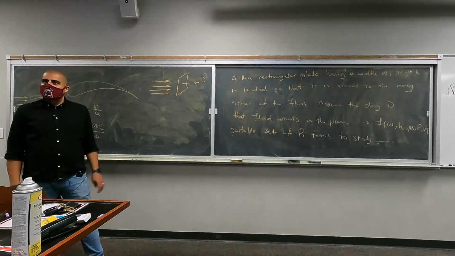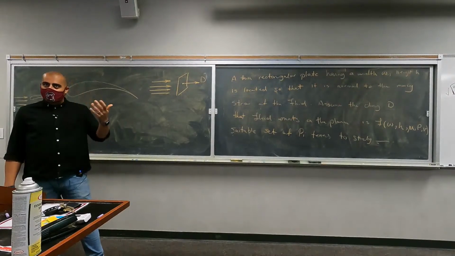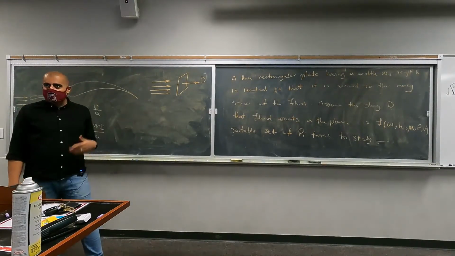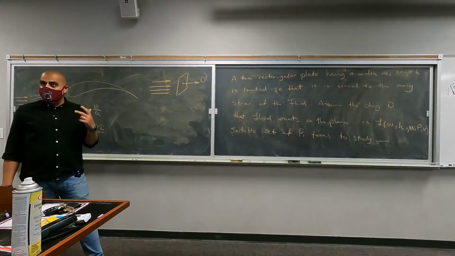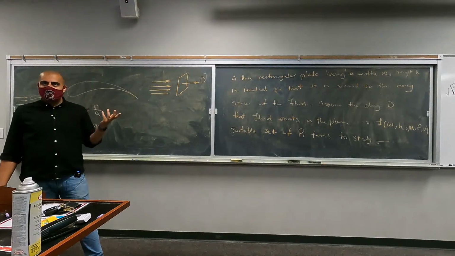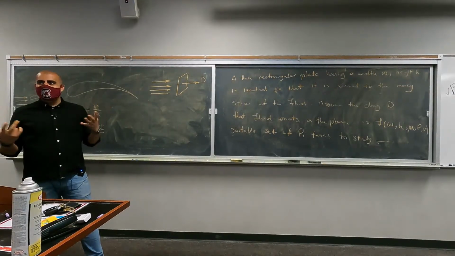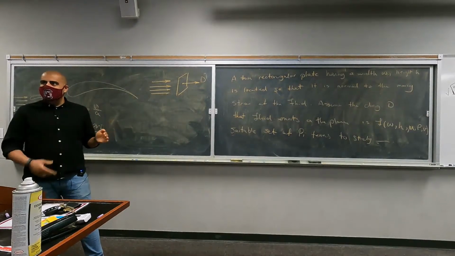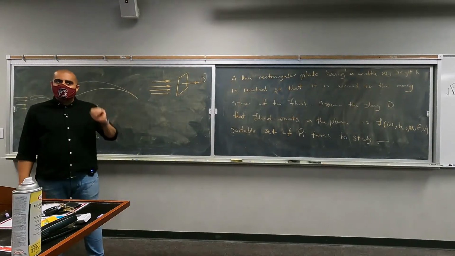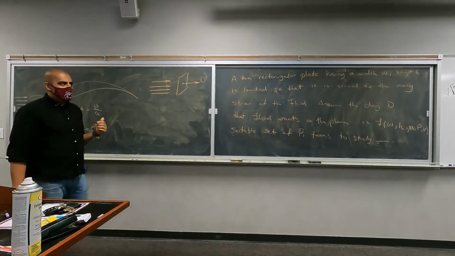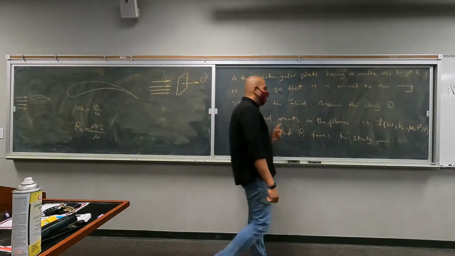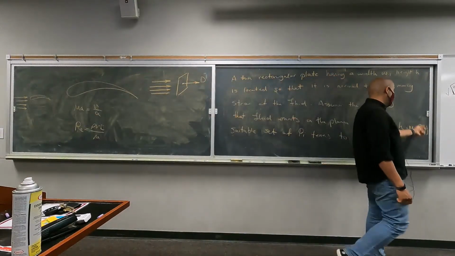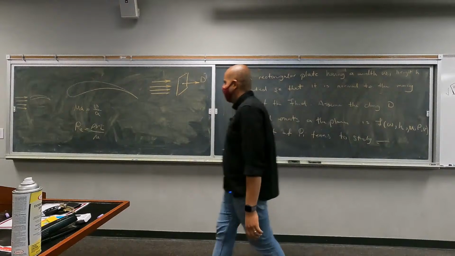If your force is normal to the plate, which is something that may happen, that force is called lift. So that's the only special thing about drag. Drag is a force exerted on a body that is in the direction of the flow. And that force, we are told, is a function of the width and height, viscosity, density, and velocity. Okay?